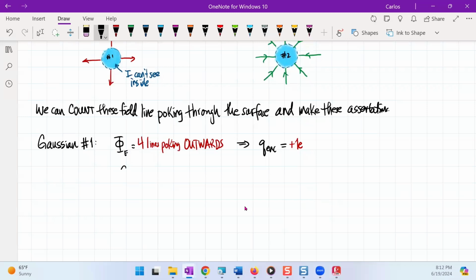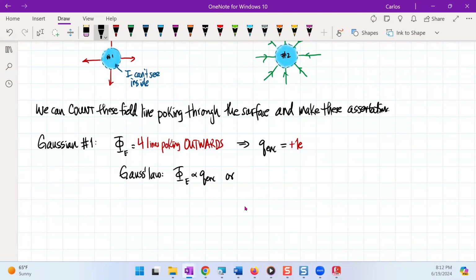So now, what does Gauss's law say? Gauss's law says that if I have an electric flux, this will be proportional to the enclosed charge.